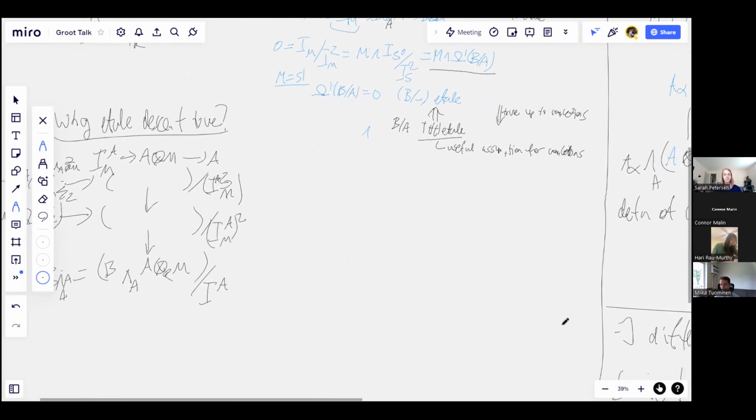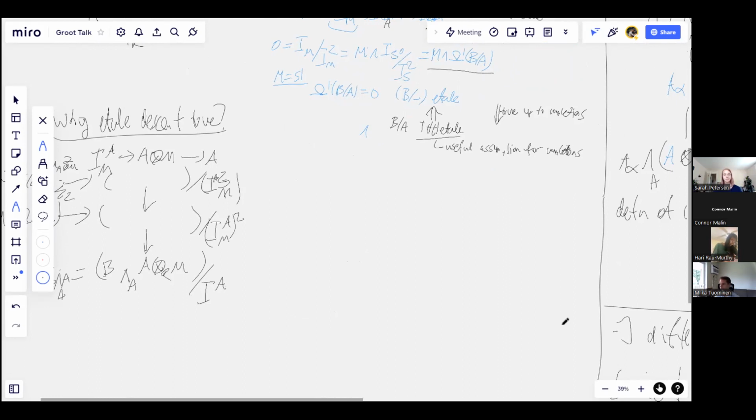So I compare this tower to the tower for B tensor over R M. And over here, I'm going to have B tensor over R M modulo I_M B, and this modulo its cube.